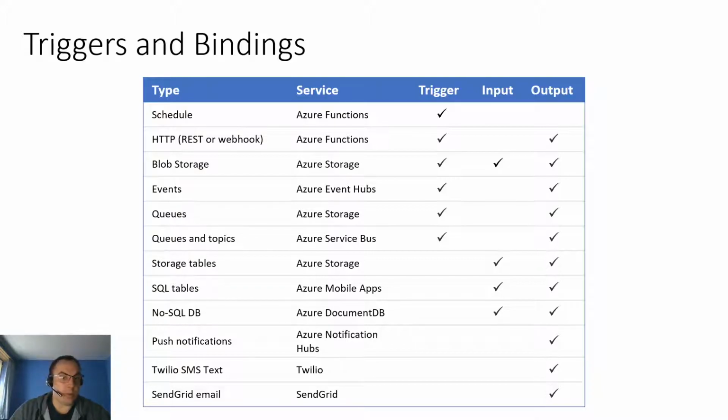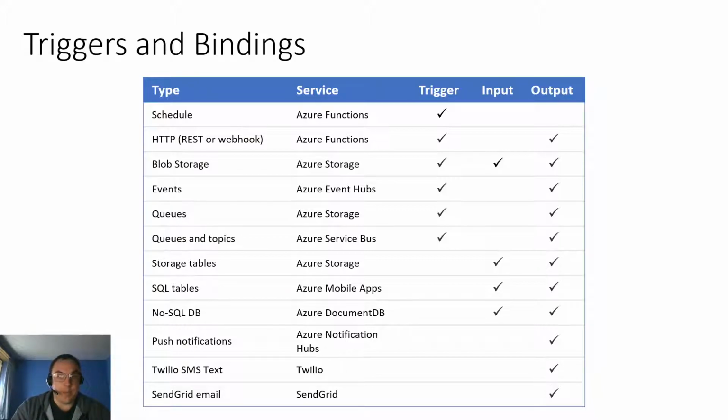It could be events coming through Event Hubs, queues, or storage, or Azure Service Bus events or messages that can trigger that function. That function then can have an additional input binding. You could get the input, or the data, of that blob storage with that trigger. You can get the same from Cosmos DB.